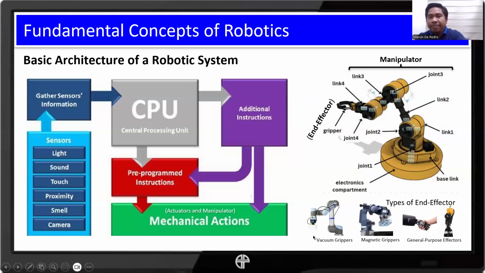When it comes to the hand of the manipulator, they could be vacuum grippers, magnetic grippers, or some general purpose end effectors. All right. So that's for the basic architecture. We have the control part and we have the physical part. Our focus is more on the control part, since we are electronics engineers in the making, right?